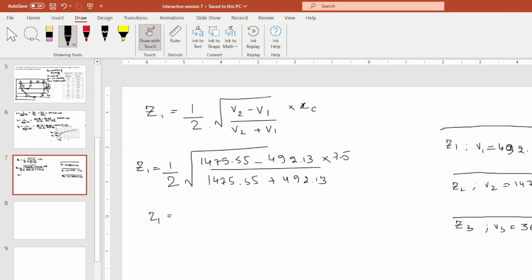This is for Z2, and I will give that formula also. Let's find Z2 first. Don't forget the 10 to power minus 3 here.